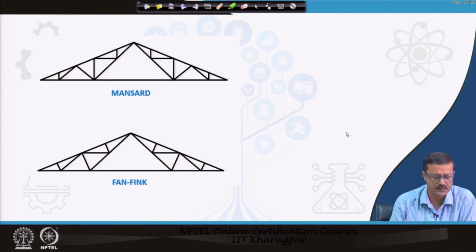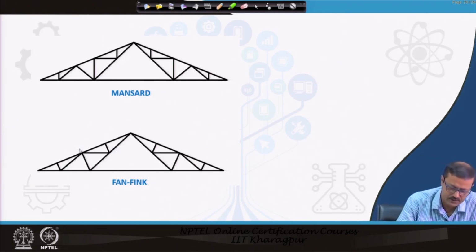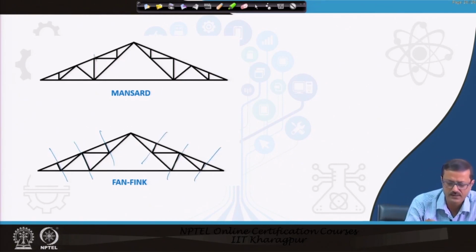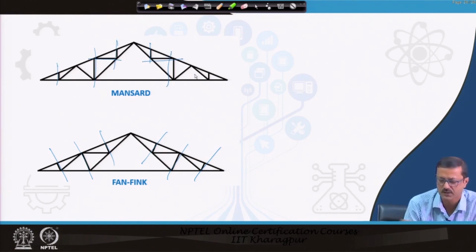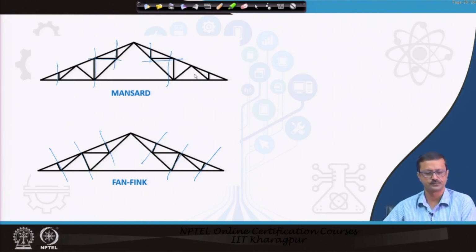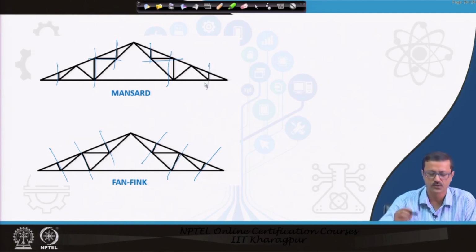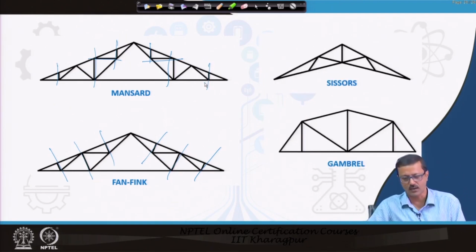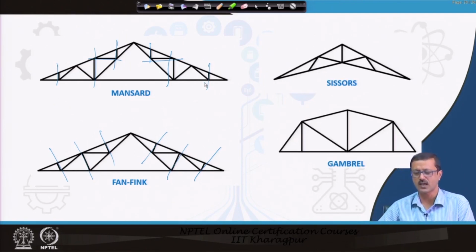So, here also you see it is mostly inclined members in these fan finks, and here it is mostly horizontal and vertical members. That is the visual change we can see in these systems. Okay, so these are mostly horizontals and verticals, whereas there are other typical types of trusses also available.